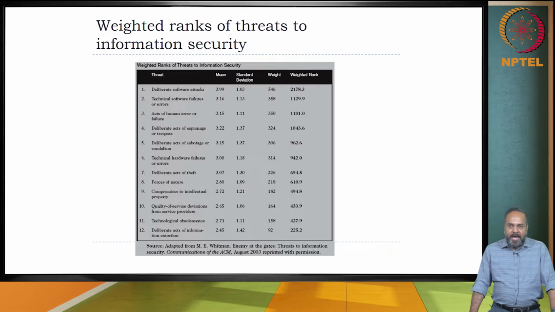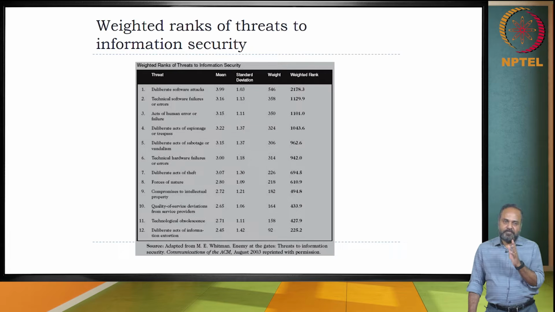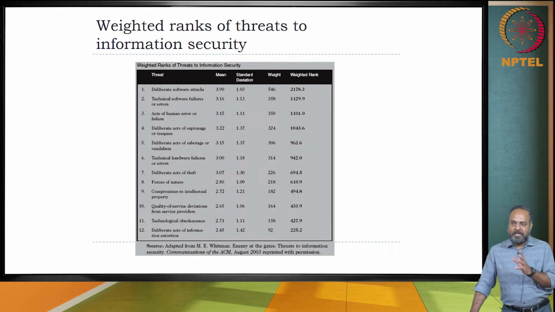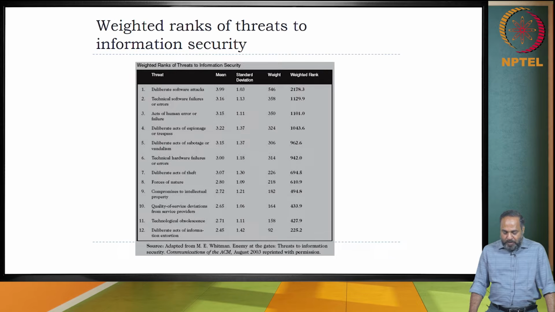And you can see for ranking the threats, they have used a mean value that could be with respect to occurrence, and a weight. The mean and the weight, it is not clearly described here, but you can see there are aspects to the threat in terms of how severe it is going to be, and what is the sort of likelihood, or what is the frequency with which that particular threat is happening.